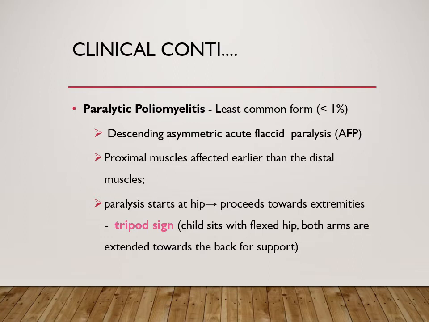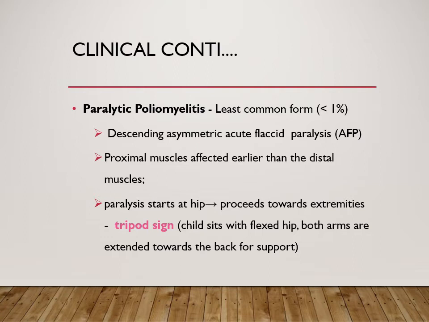It is an acute presentation, that is, suddenly there will be a flaccid, descending paralysis. That means whichever limb is affected, the upper part of the limb is more affected as compared to the lower part. This feature is seen in only a few etiologies, so that is how we can differentiate from the different etiologies of acute flaccid paralysis.